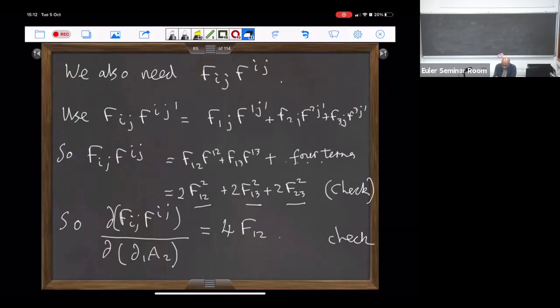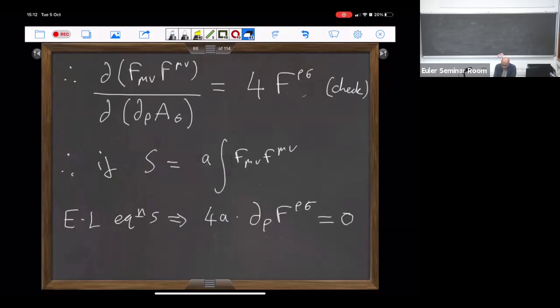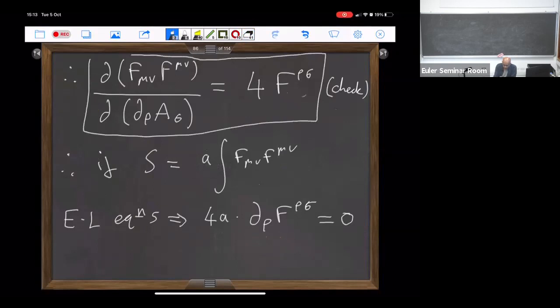So that's very similar to what we had on the previous slide, but I've skipped the lines. And in general, the key formula is this one. So now I can combine everything that I've done into one Lorentz covariant formula.